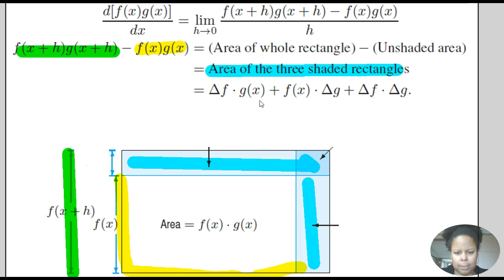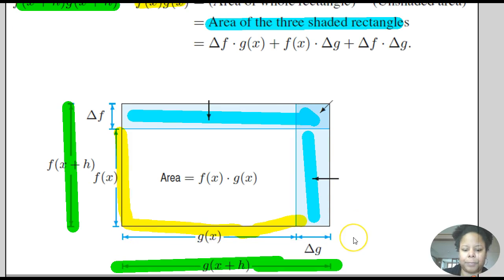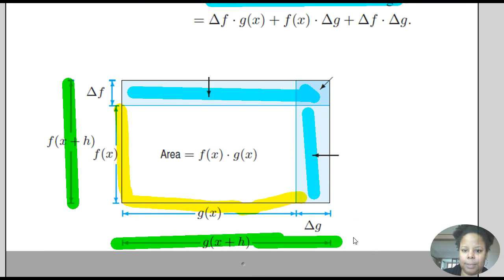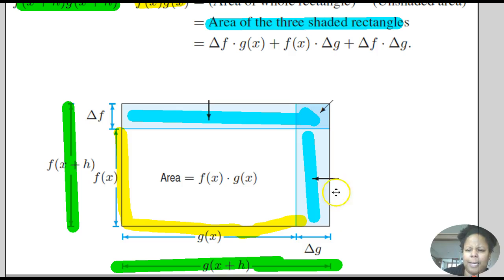So let's take a look at what that is. If you remember, the difference between f of x plus h and f of x is delta f, and the difference between g of x plus h and g of x is delta g. So that means the area of the three shaded rectangles can be broken up by the area of each particular rectangle.